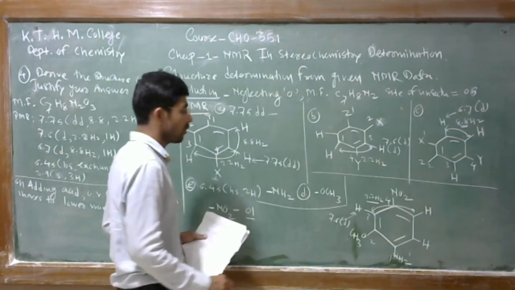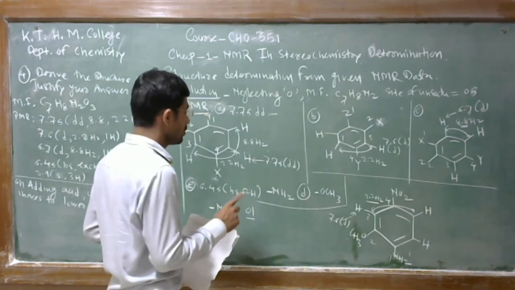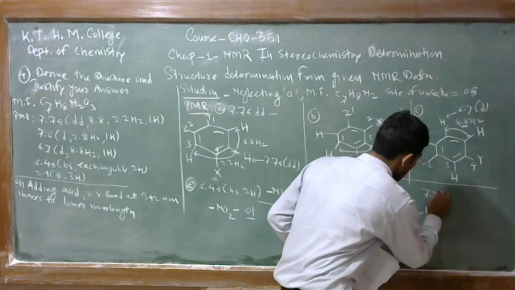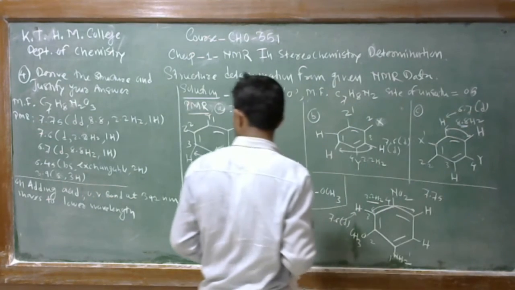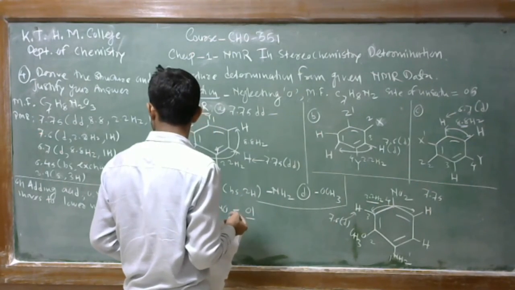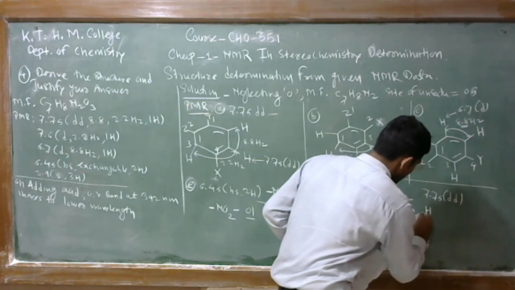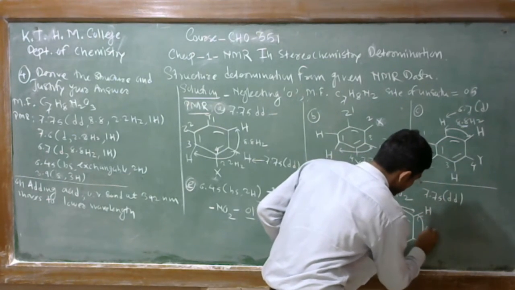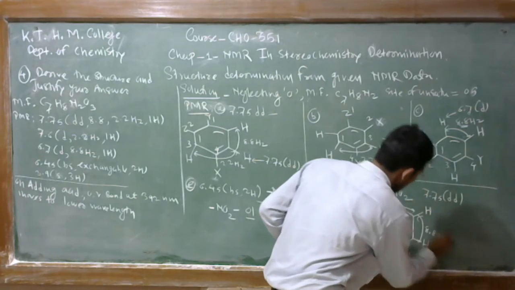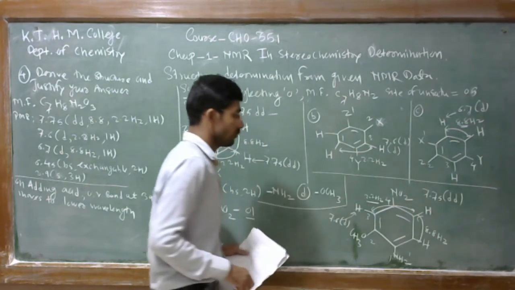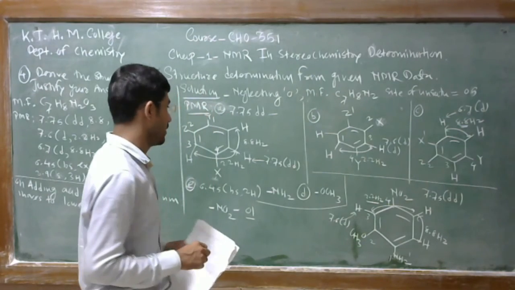Then there is one proton which is very near to the nitro group. Because of nitro we can observe the deshielding effect. 7.75, that's the doublet of doublet. Means this shows the 8.8 and again with this proton 2.2. So overall doublet of doublet.